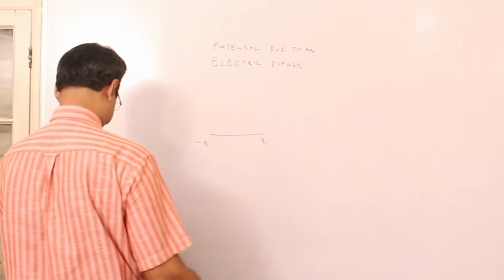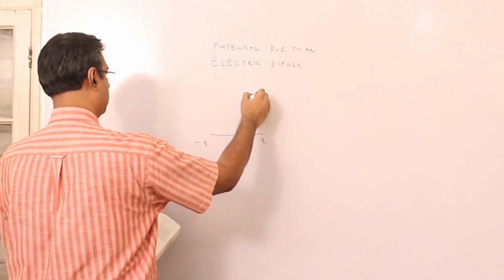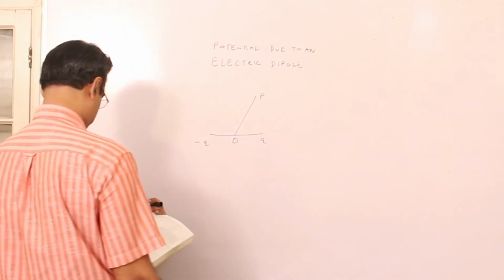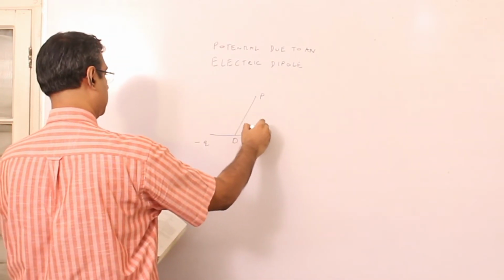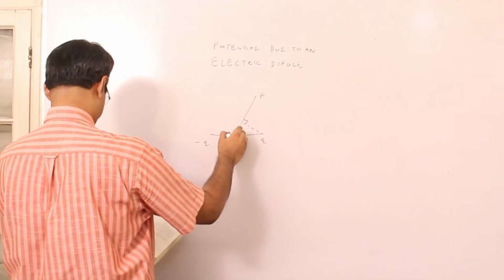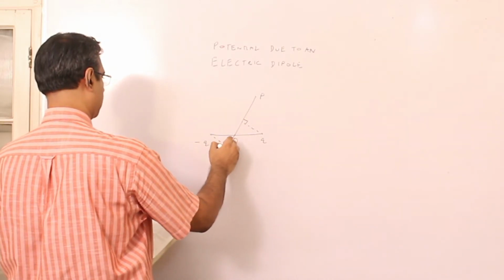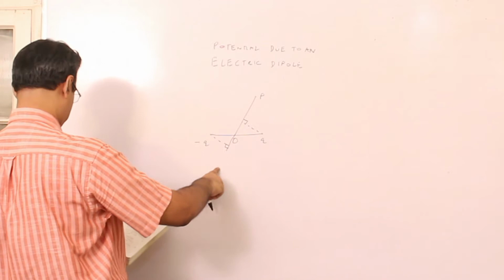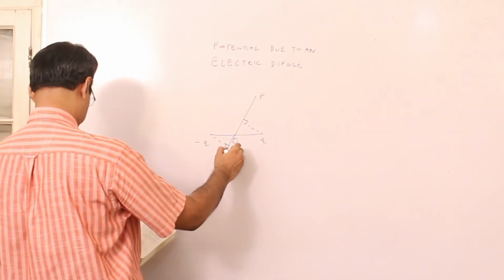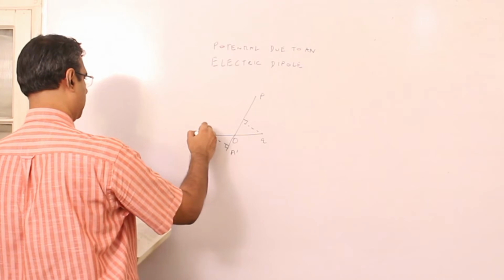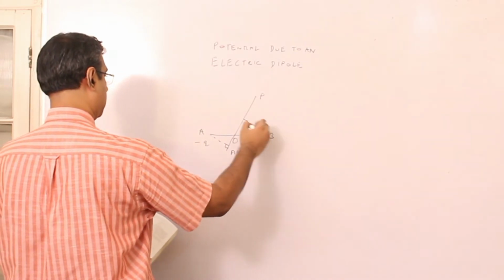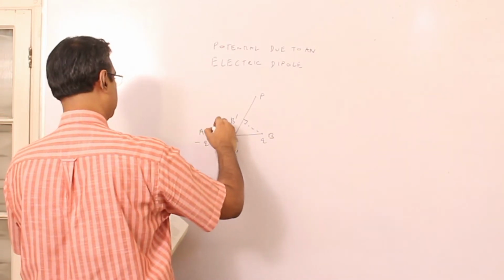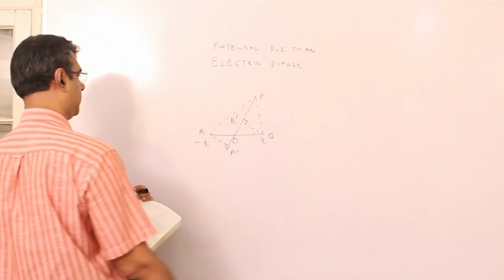Suppose you have a dipole and P is a point where you are interested in finding the potential. So what you do is you join O to P and you produce the join of OP backwards and drop two perpendiculars, one from A to A dash and the other from B to B dash, and finally you join AP and BP.